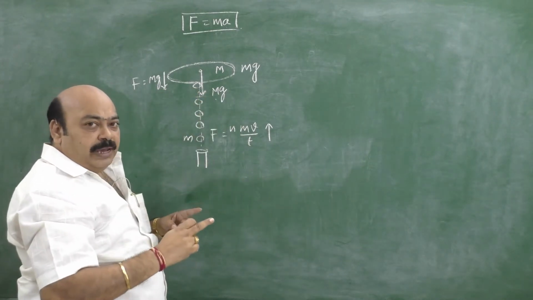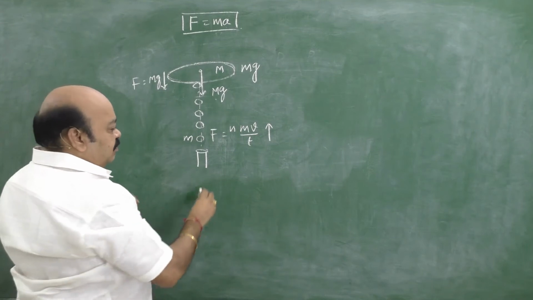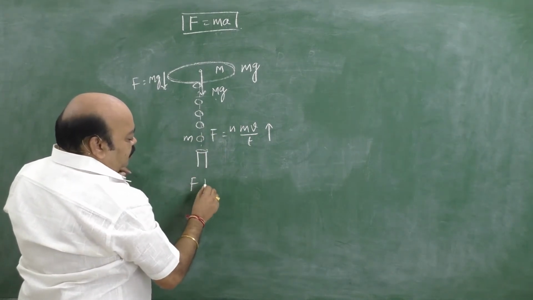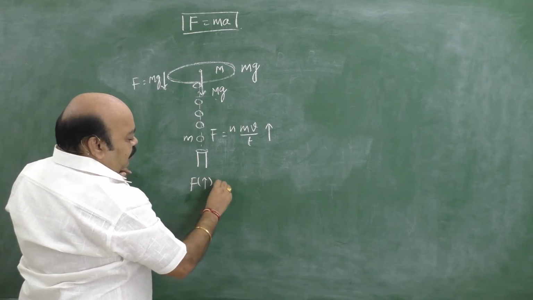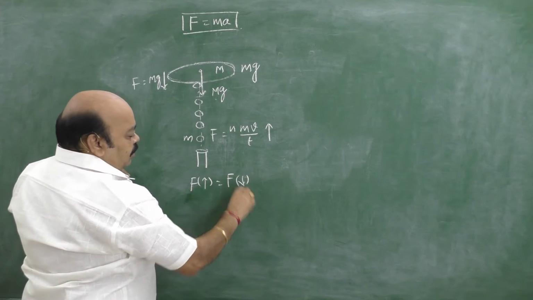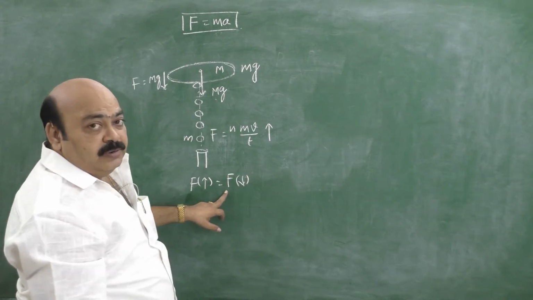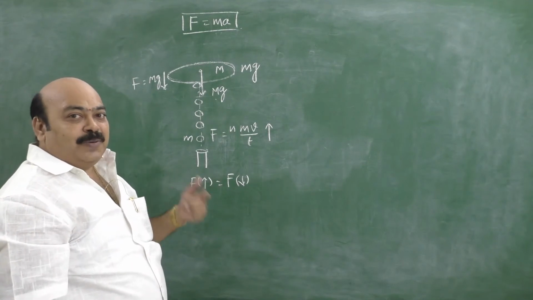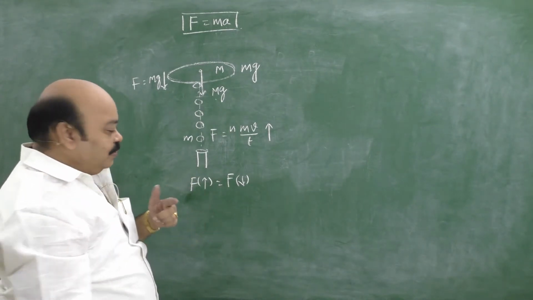These two are equal in magnitude but opposite in direction. That's why the upward force and downward force must be equal. I am not mentioning the negative sign because I am saying it is opposite. If we apply a minus sign and say opposite, then minus of minus becomes plus.